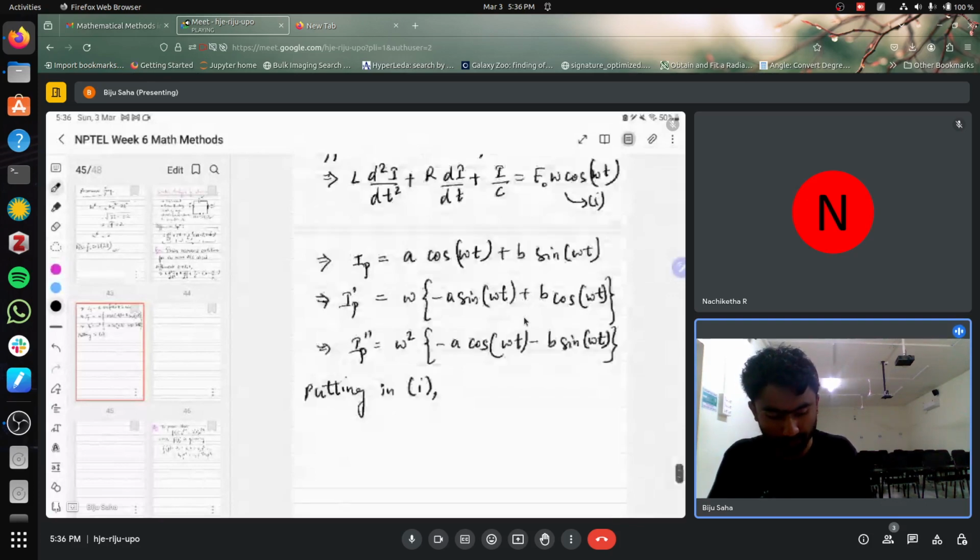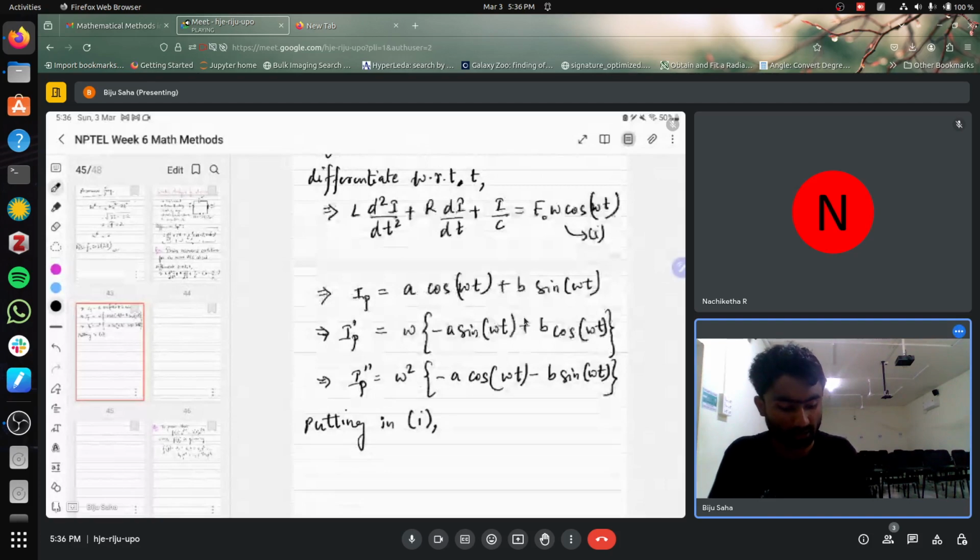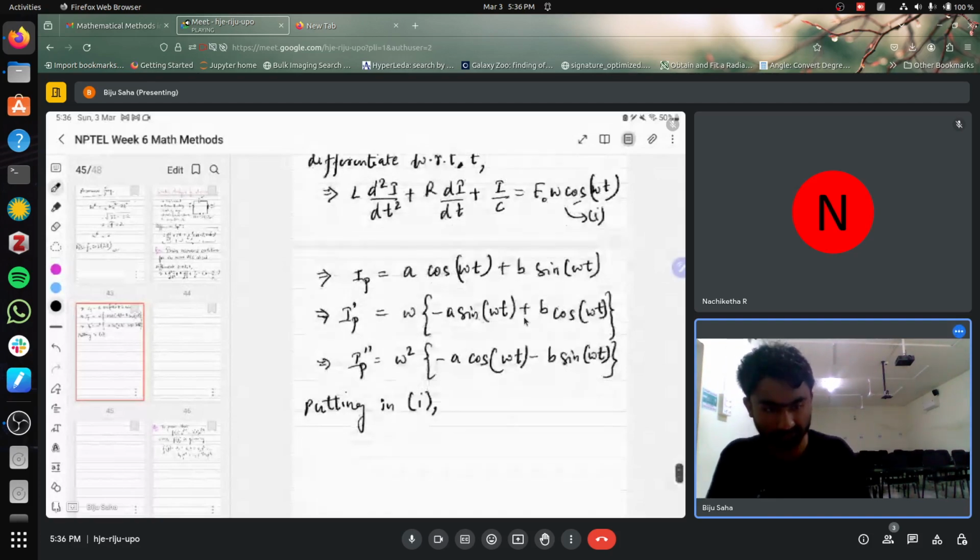Then you compare the coefficients of sines and cosines. The right hand side involves only a cosine part, there is no sine part to it.